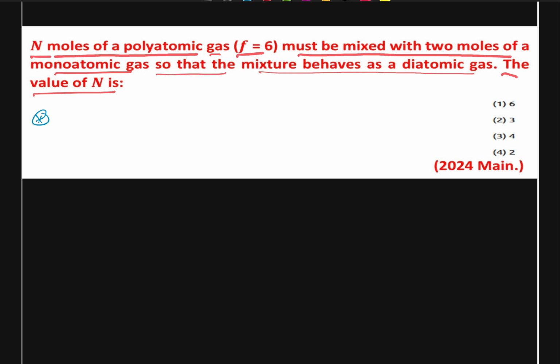For the mixture, we can write that Cv of the mix will be equal to the number of moles in the first one times Cv1 plus n2 times Cv2, divided by the total number of moles.